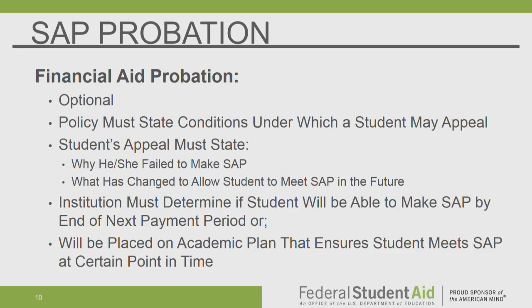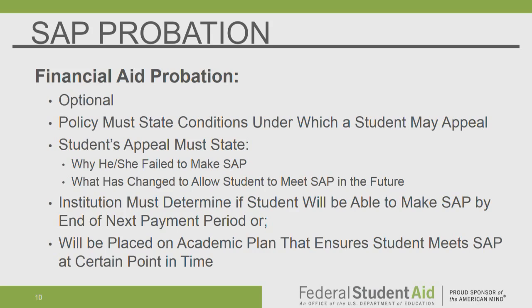And so the question will be what's changed, what will allow the student to make SAP in the future. So you have to make sure that they complete all of this information. So some schools will have a form letter where they'll ask these questions specifically, or at least should guide the student a little bit so they understand what they're writing about, because sometimes they're not clear what they're appealing.